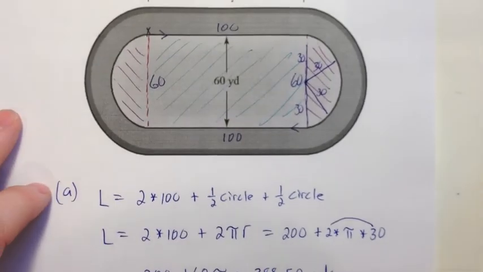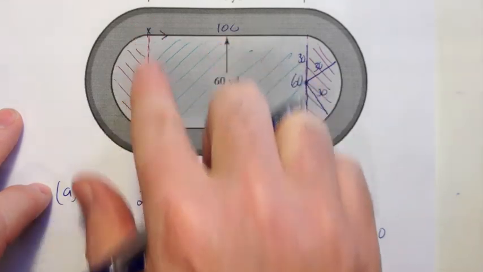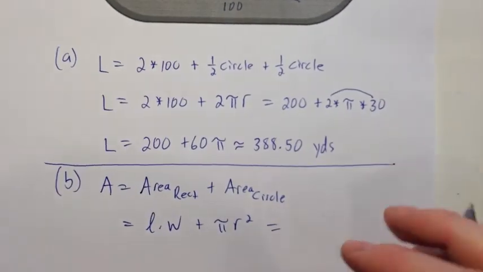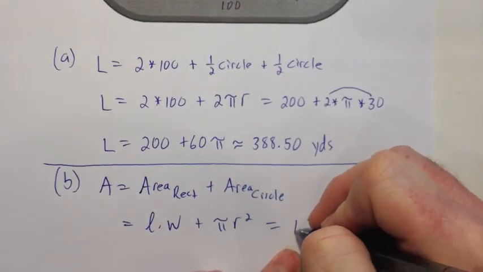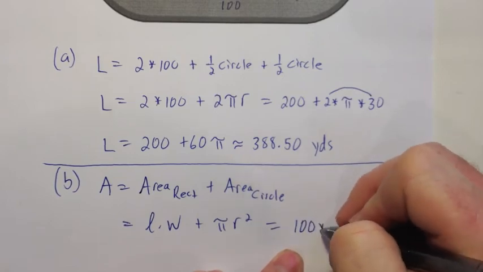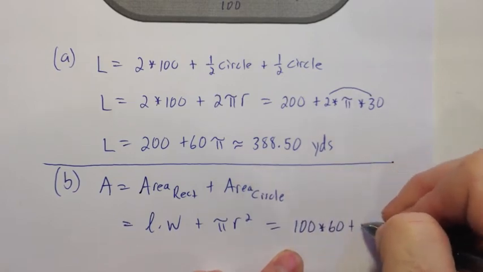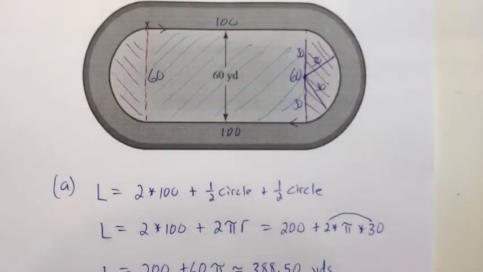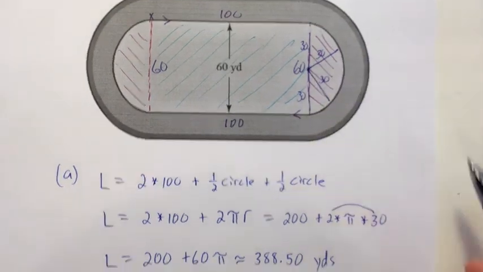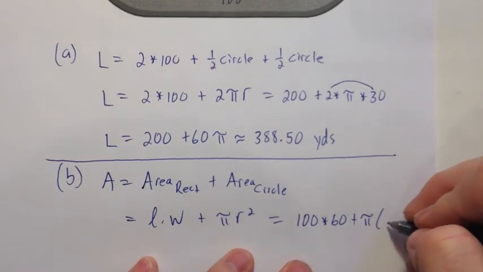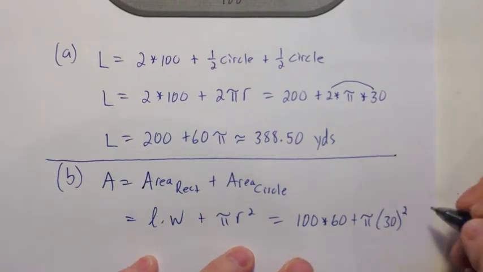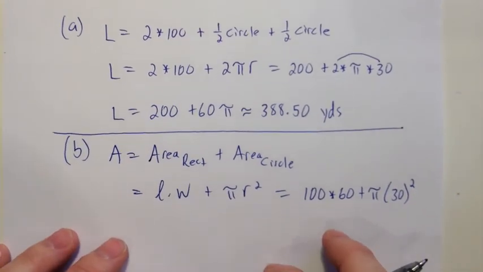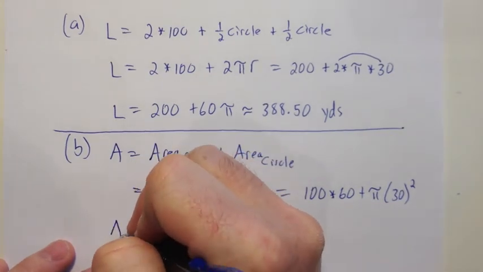Taking a quick look at the rectangle, length is 100, width is 60. So I'm going to have 100 times 60 for that rectangle piece out front, plus pi times the radius squared, and we determined when we were doing part A the radius is 30. So I'm going to have a 30 squared. And I'll go ahead and do the simplification on this, and then we'll go to the calculator.